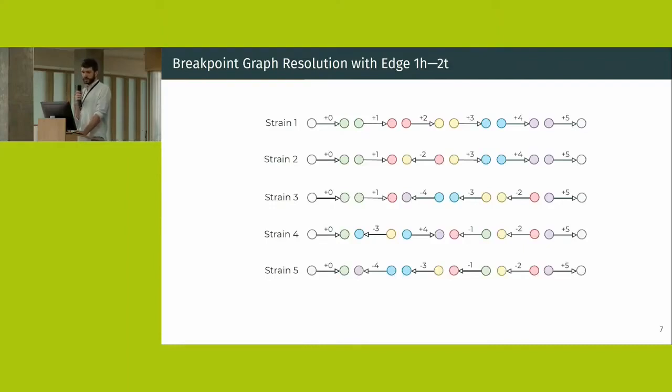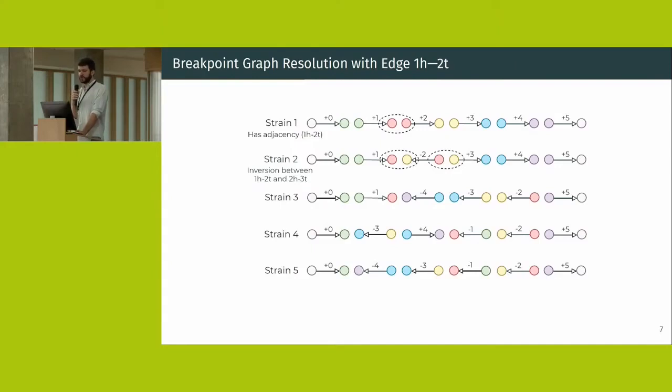Then we check what happened with each particular adjacency. An adjacency is a pair of adjacent vertices, adjacent in strain 1 on this picture. We are looking here, for example, at this red adjacency, this pair of red vertices, and we see what happened with this pair in other strains.